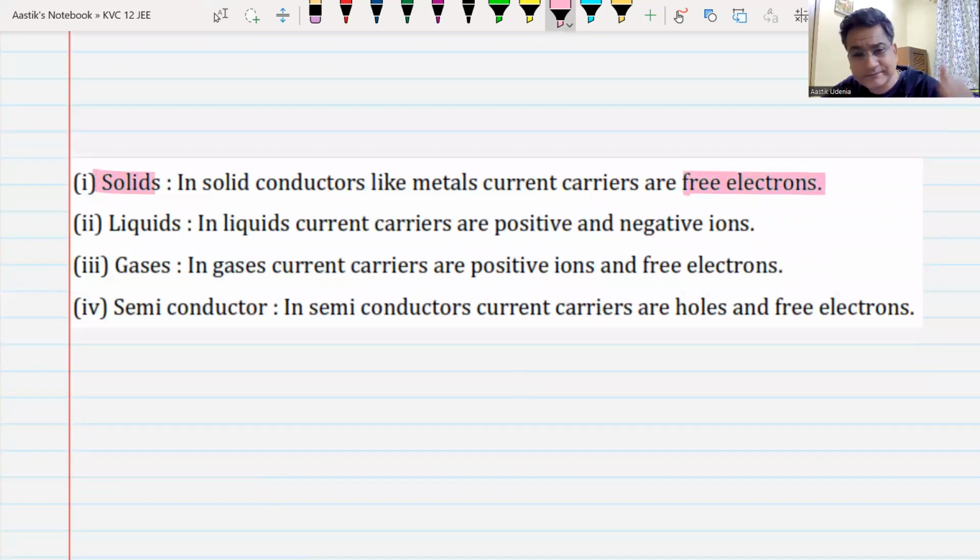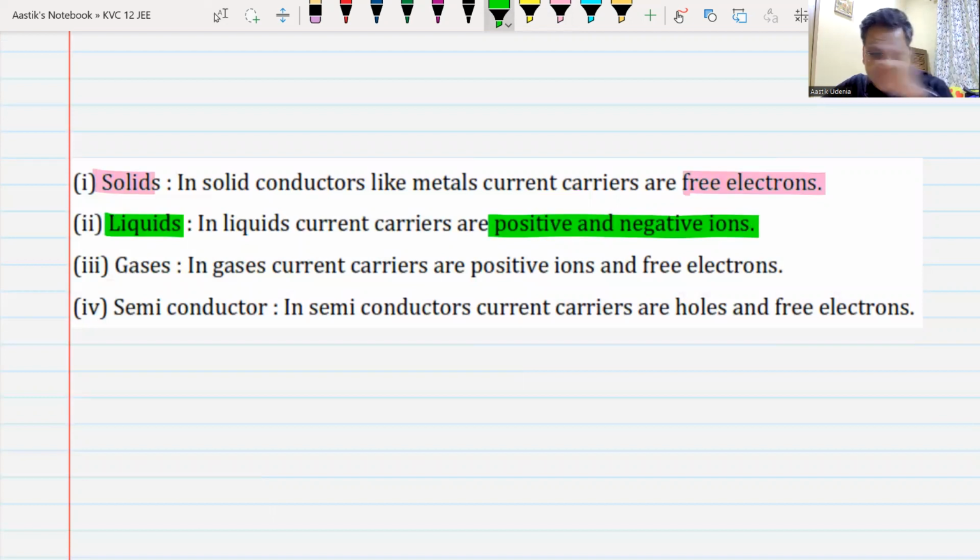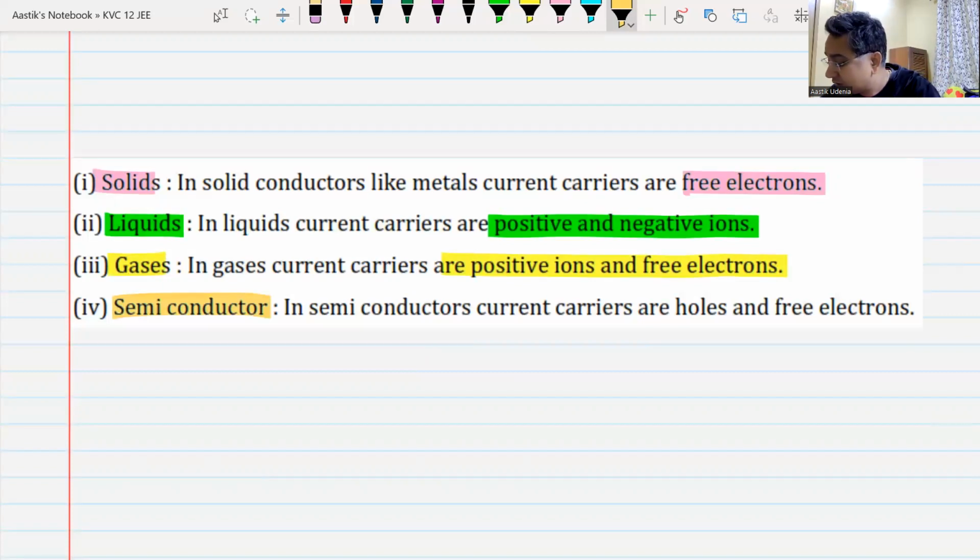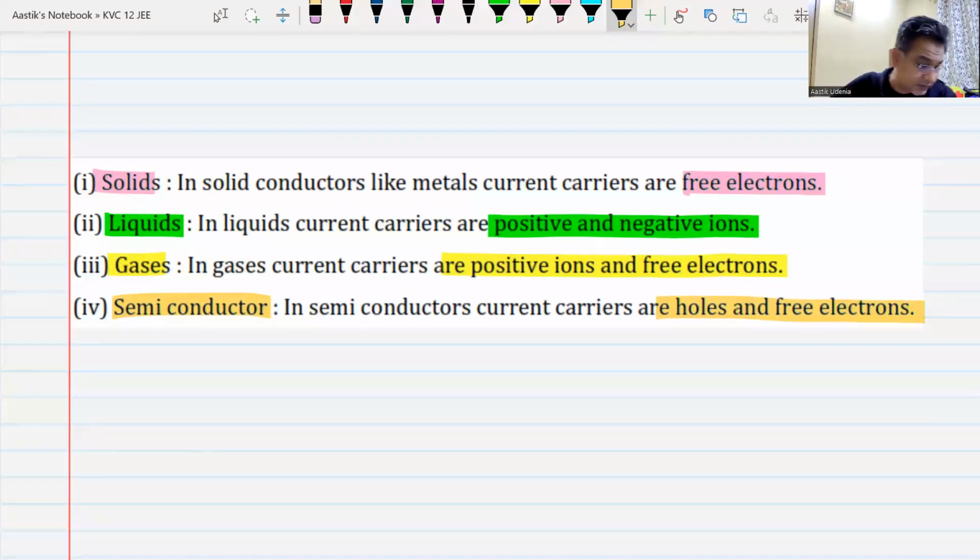Do we understand this? In liquids, they are positive and negative ions, so positive charges as well as negative charges. In gases, again, they are positive ions and free electrons. Gas may have a large number of free electrons. In semiconductors, which will come as the last part of your chapter, the current carriers are holes and free electrons. We will come across these in the chapter on semiconductors.